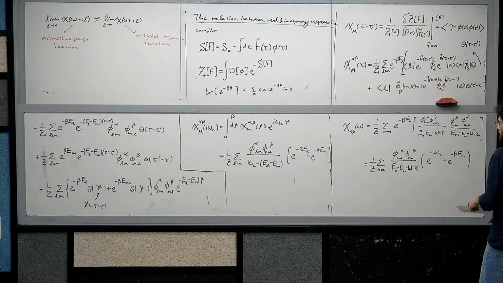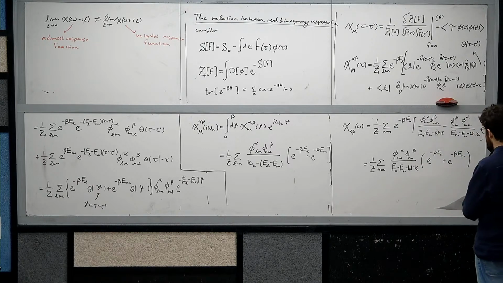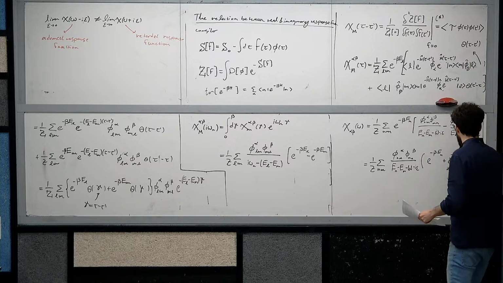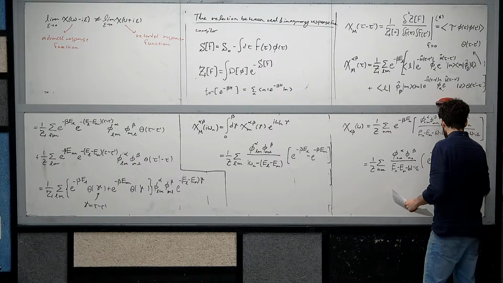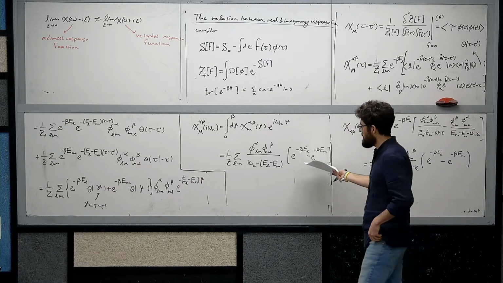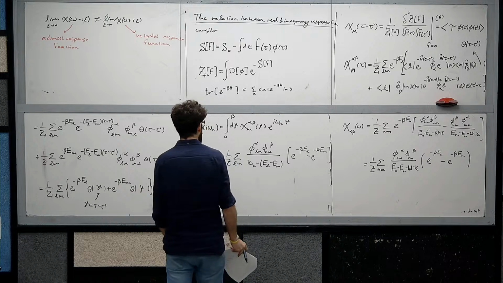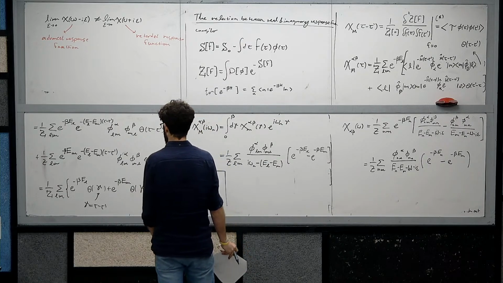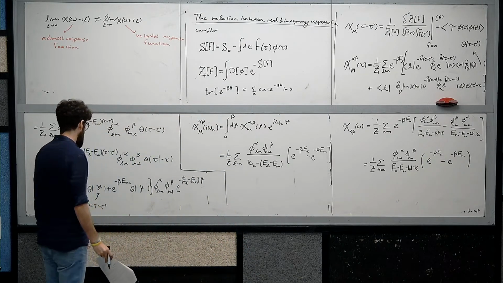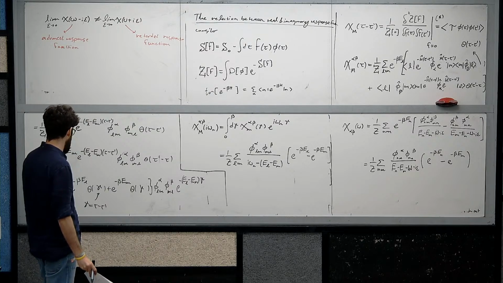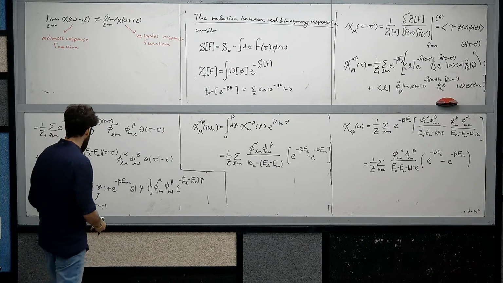Okay? So if I compare these two expressions, up to n and l, this is a minus. Where did I get this minus from? I don't remember.